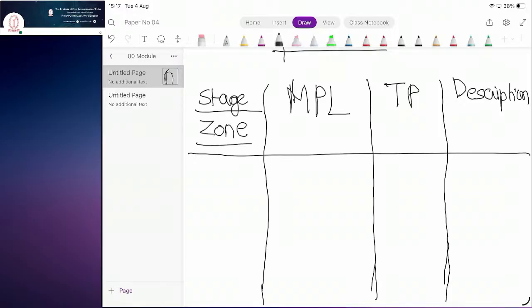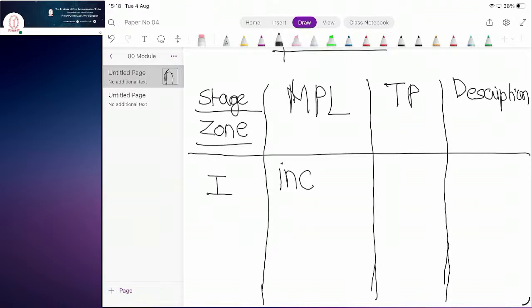Fine. So in stage 1, this stage has marginal product of labor increasing. See, when I'm writing, I'm not trying to write the entire spelling of increasing. That will tire you down. If you try to write every single thing in full, your hands will start paining and you'll spend too much time writing. So conceptually, when you read this I and C, can everybody read this as increasing? Correct?